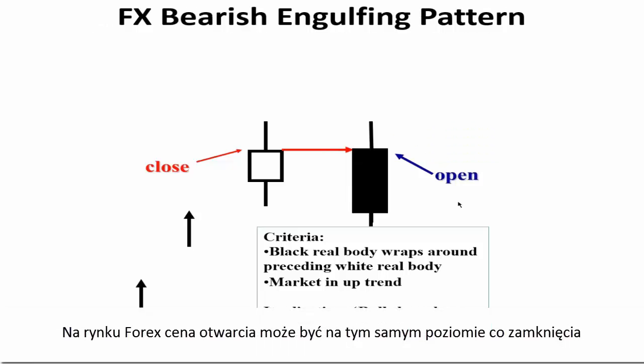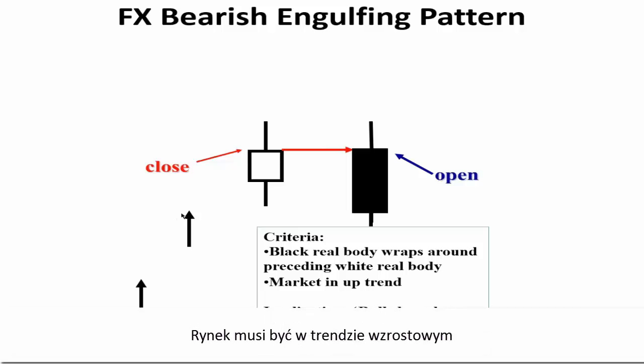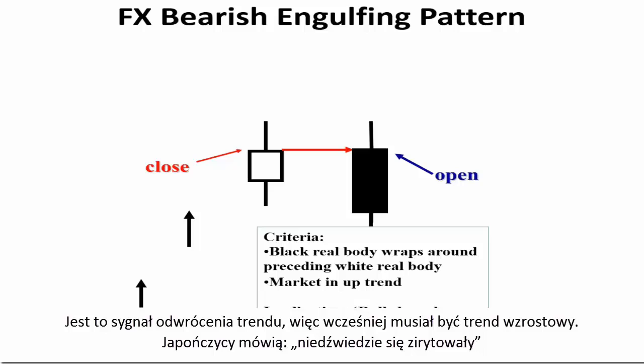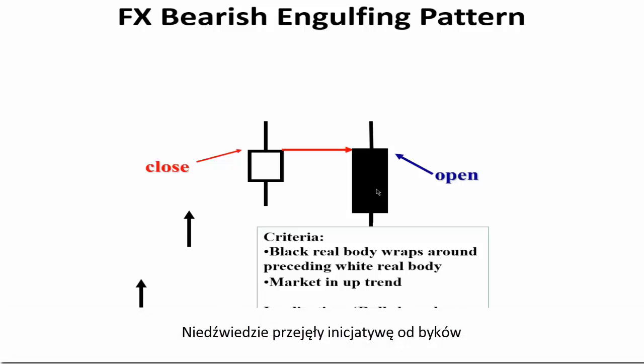In Forex, not surprisingly, it's okay for the open to be the same as the prior close. The market has to be in an uptrend. Remember, this is a bearish signal, so we need a trend to reverse. And the Japanese will say the bulls have been constrained. That is, the bulls have taken over from the bears.